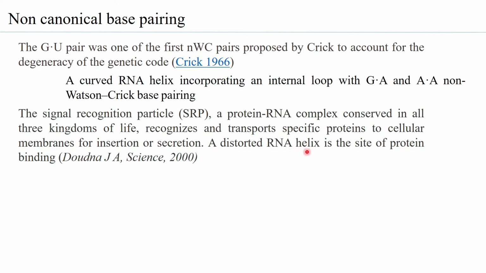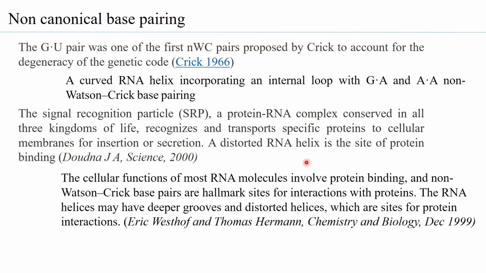So a distorted RNA helix is the site of protein binding. There are many studies that have suggested that these different non-canonical base pairs, which lead to different secondary or tertiary structures of the RNA, are the regions where the proteins can actually come and bind.